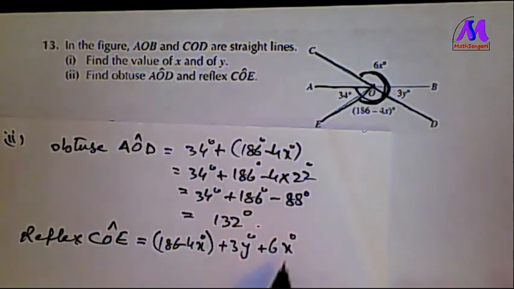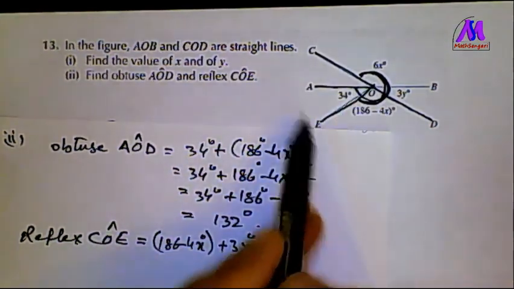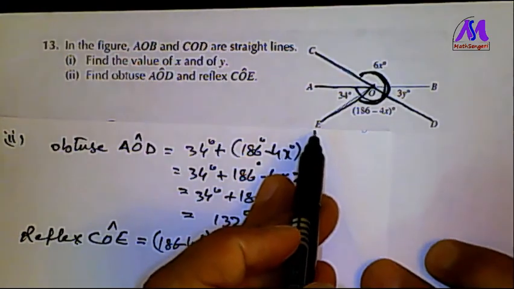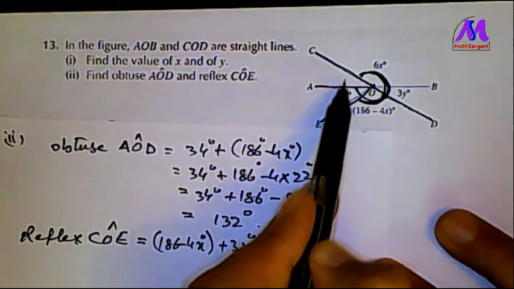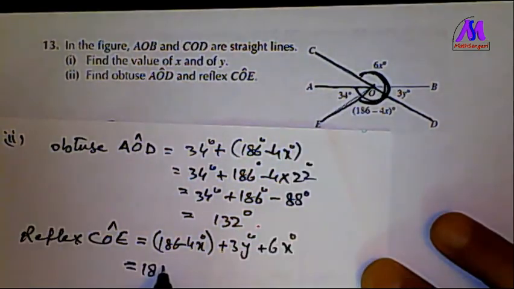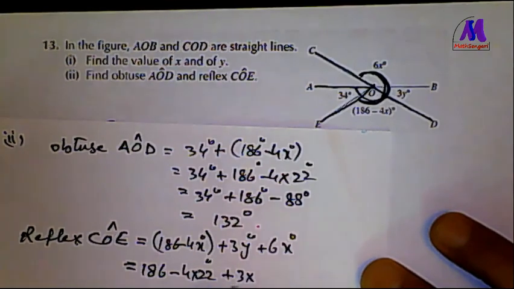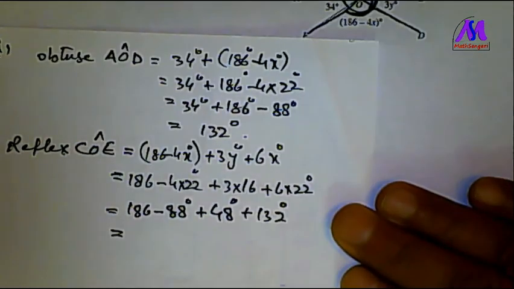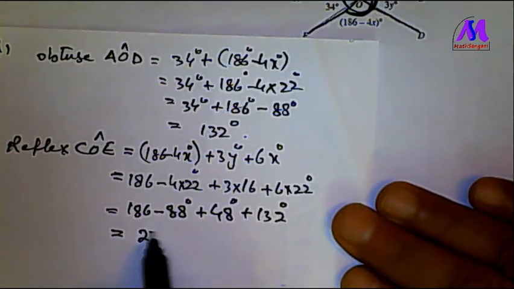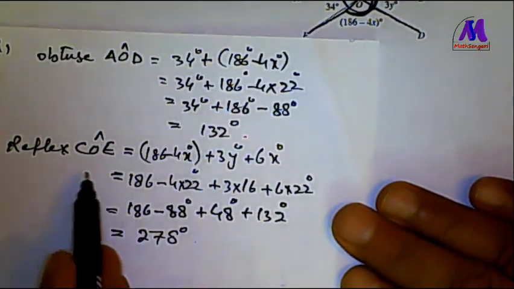These are the three adjacent angles for the reflex COE. I repeat again, you have to find the reflex angle, not the acute angle. So 186 minus 4 multiplied by 22, because the value of x is 22 degree, plus 3 multiplied by 16, and then plus 6 multiplied by 22, again the value of x. Now the final answer is 278, and that will be the reflex angle of COE.